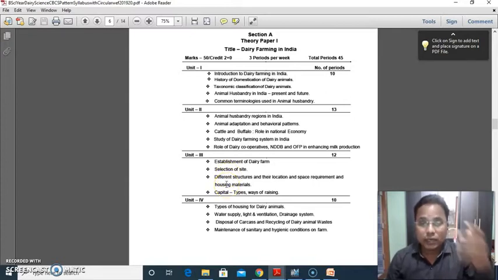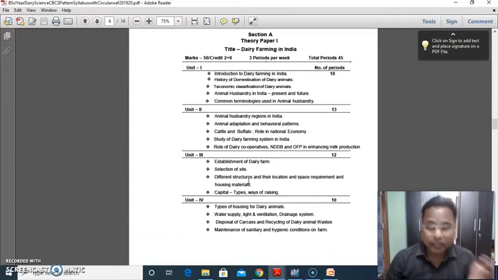Then the different structures, the location, the space requirement, and the housing materials required for the construction of the dairy farm are studied in this point. Then what should be the location, and the space required for a particular cattle and buffalo.